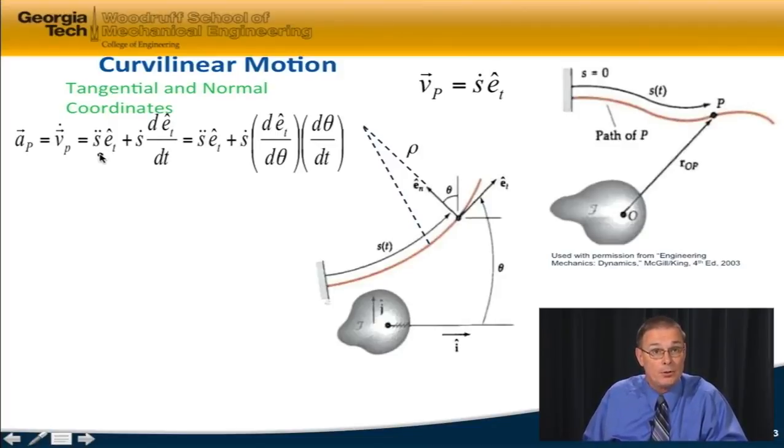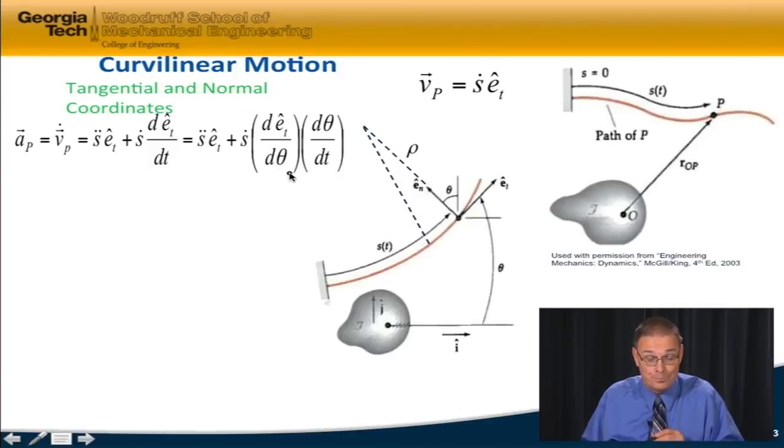So I've got s double dot times E tangential plus s dot times the derivative of E tangential, and similar to what I did before, I'm going to break this derivative of E tangential with respect to time into two parts, a motion part, d theta dt, and a geometrical part, d of E tangential d theta.